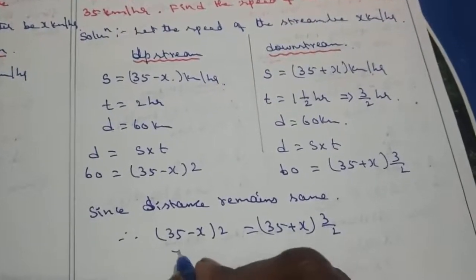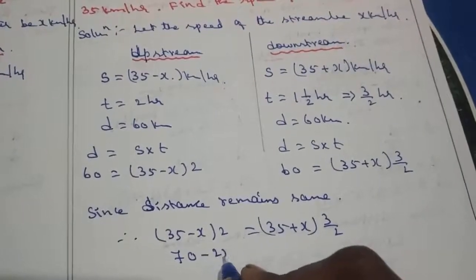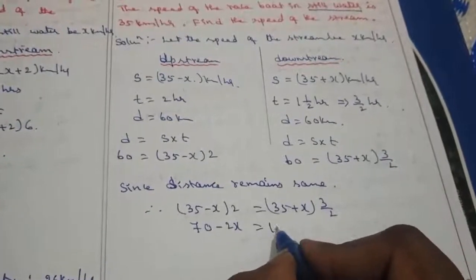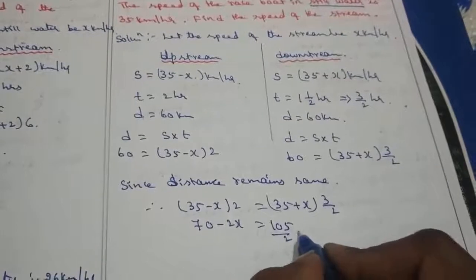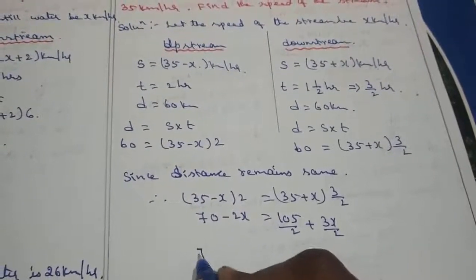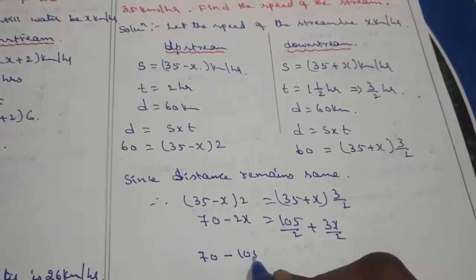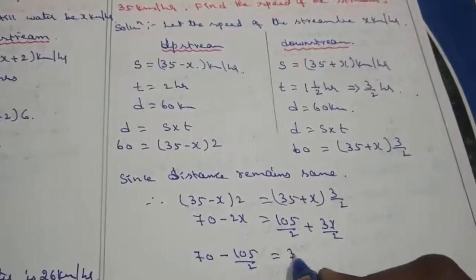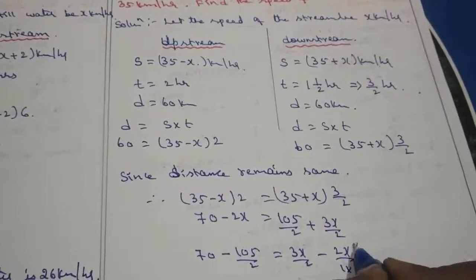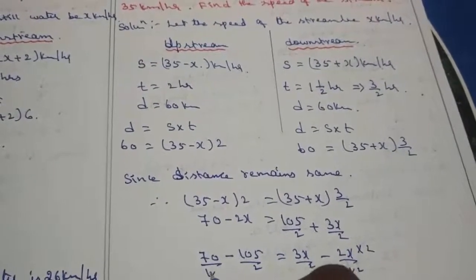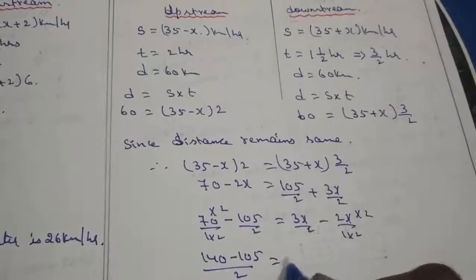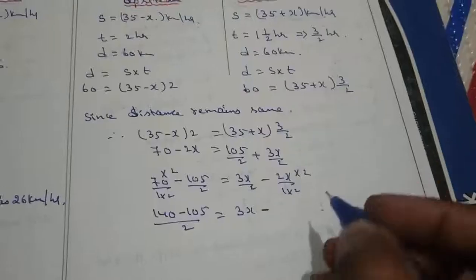So 35 into 2 is 70 minus 2x equal to 35 3s 105/2 plus 3x/2. Then 70 minus 105/2 equal to 3x/2 minus 2x.